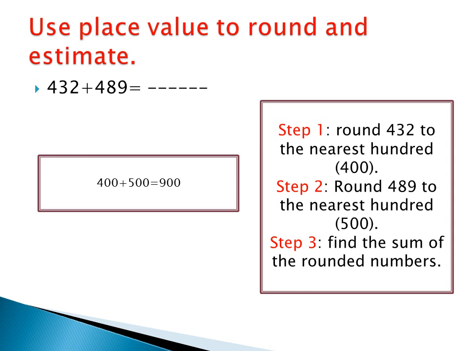Step 3. Find the sum of the rounded numbers. 400 plus 500, very easy to calculate, equal 900. Again and again, remember, 900 is not the exact sum, it is an estimated sum.